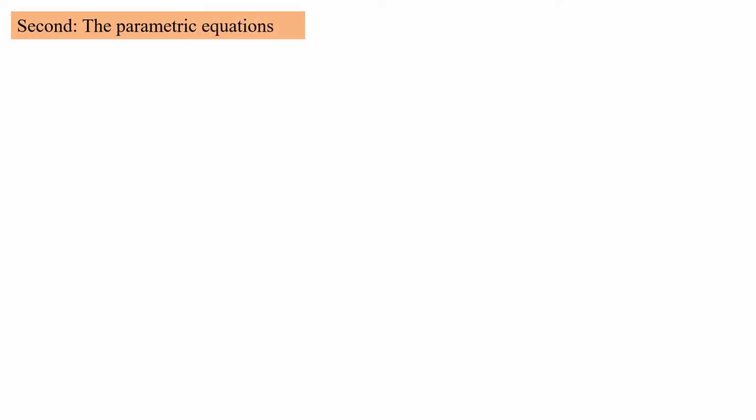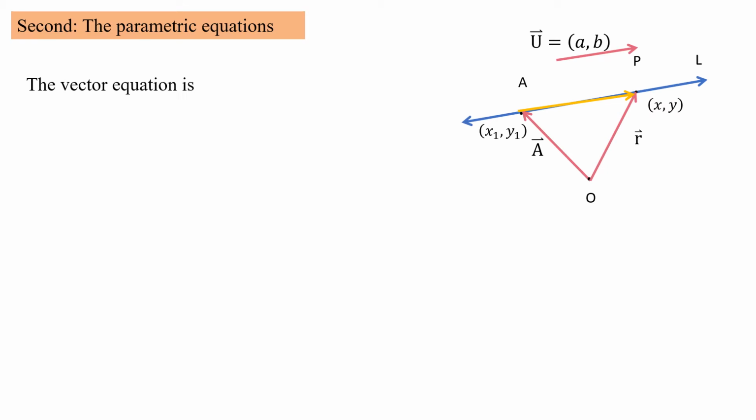So now we'll talk about the parametric equation. If we have straight line L and we have 2 points A and B belong to straight line L, so we have A x1 and y1 and P x and y. So OP represented by vector R, and OA represented by vector A, and we have the direction vector U equals a and b.